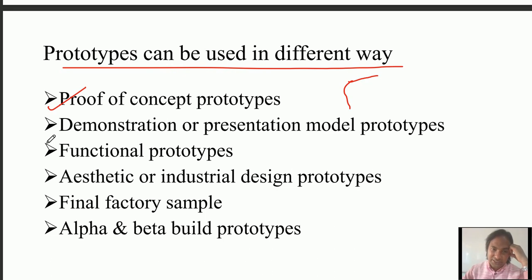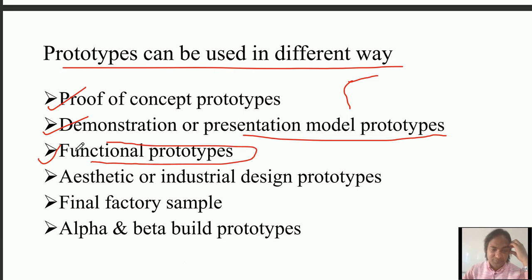Then demonstration or presentation model prototypes, where only the visual aspect you want to show, like I showed you with the outer covering, or a physical model of a water filter. Then functional prototypes, which means subcomponents can be prepared, tested, and verified, to see whether they are working or not.